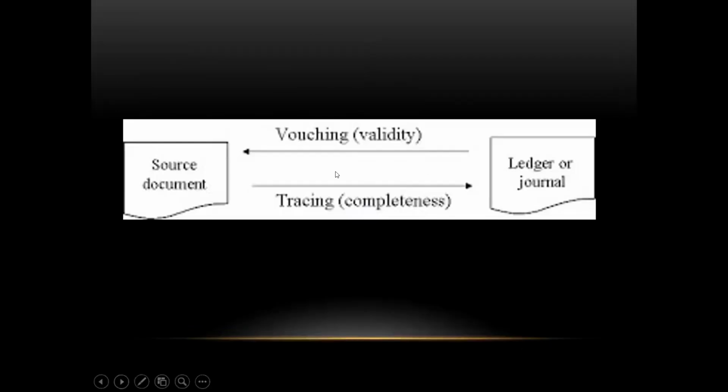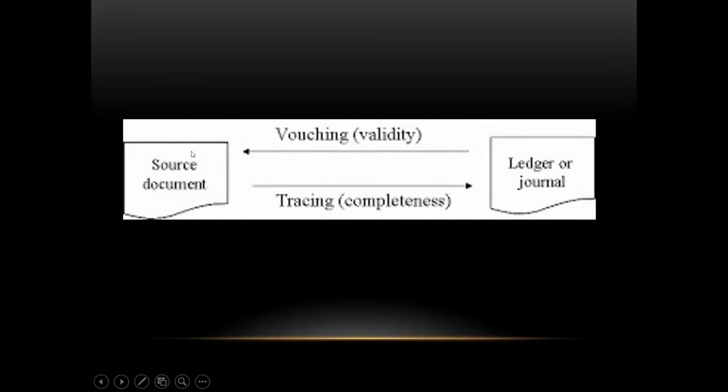Yeah, so this is the difference between vouching and tracing. In vouching, the auditor checks the ledger or the journal and finds the source document, like the invoices of the transaction. This is to check the validity of the transaction.